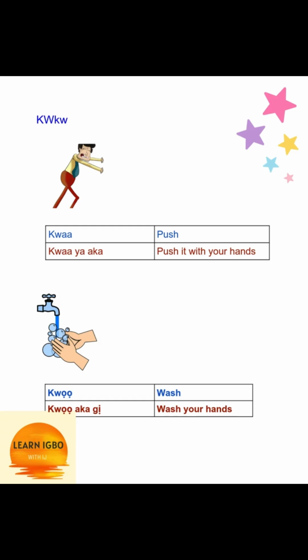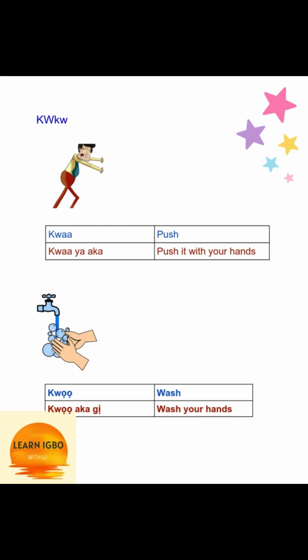Example, kwa, push. Used in a sentence: Kwa ya aka. Push it with your hands.